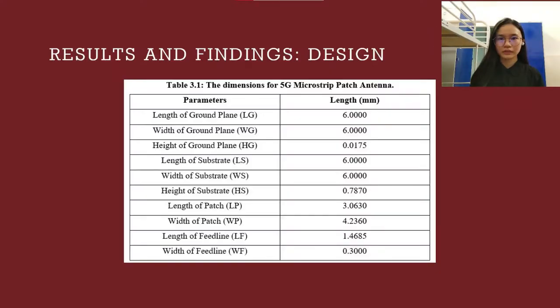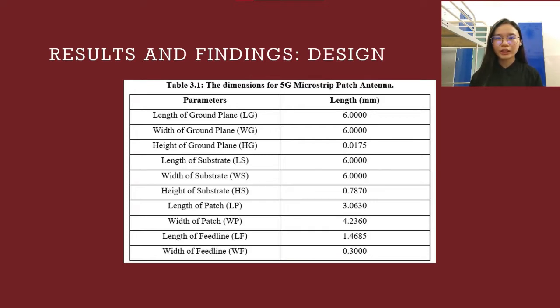Thank you. Hi, I am Lam Chi Hui. Today, I would like to explain the results and findings. Table 3.1 tabulates the respective lengths for the parameters used for the design of the 5G microstrip patch antenna. HS, LP, WP, and WF are the crucial primary parameters that determine the features of the antenna.